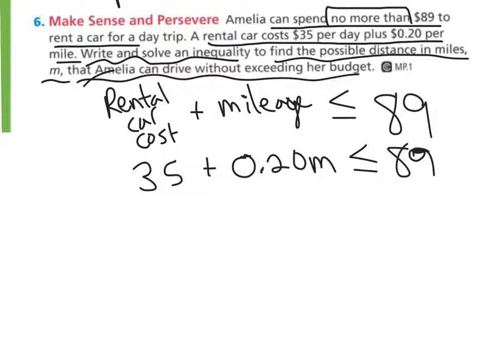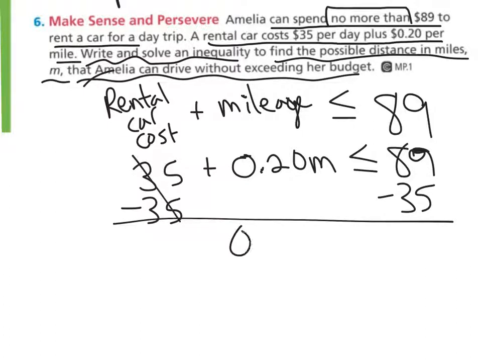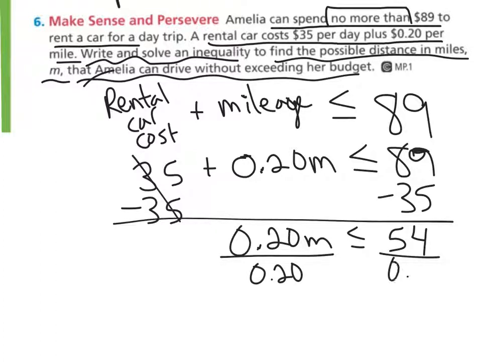Once we get that set up, we're going to try and get our variable term by itself. So we need to get rid of the 35. It's a positive 35, so we need to subtract 35 on both sides. And then they're multiplying, so we need to divide by 20 hundredths or 20 cents. Again, we didn't divide by a negative or multiply by a negative, so our sign stays the same.